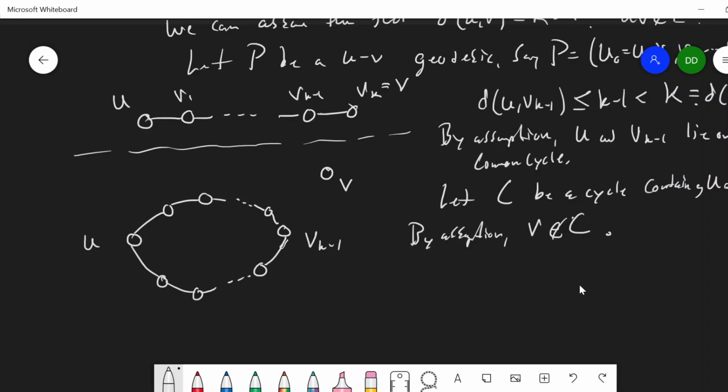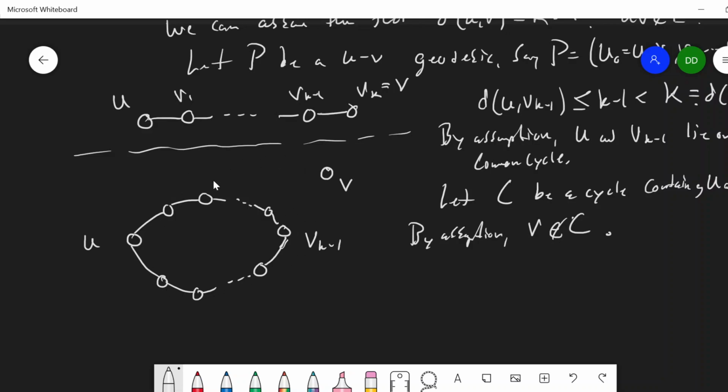Where to go from here? Right, so what can I use here? Again, my goal is to produce a cycle containing both u and v, and I'd like to use this cycle.